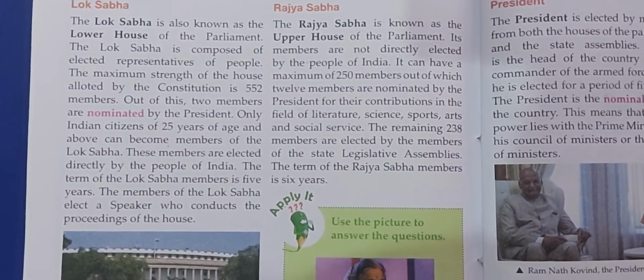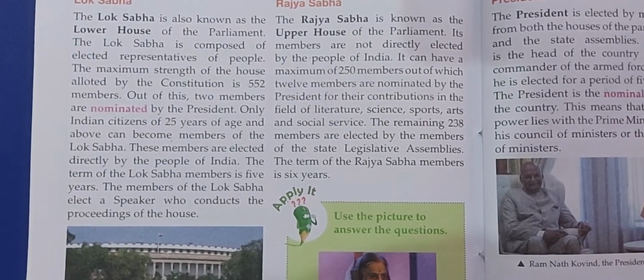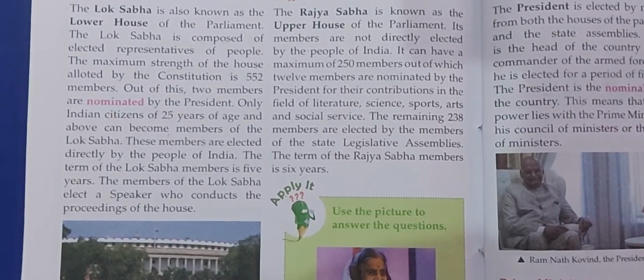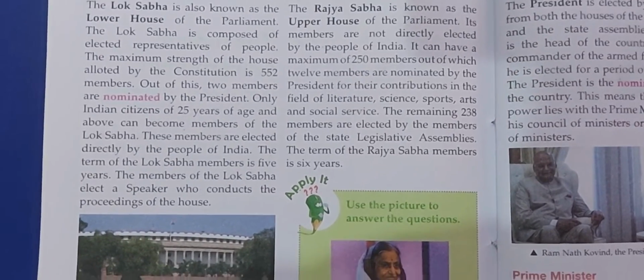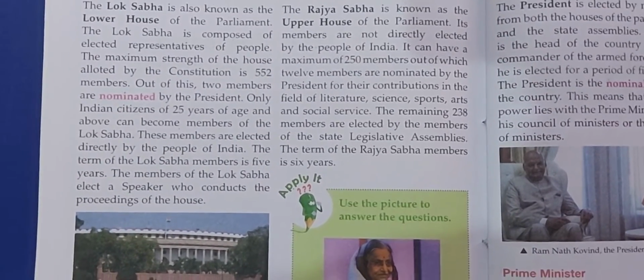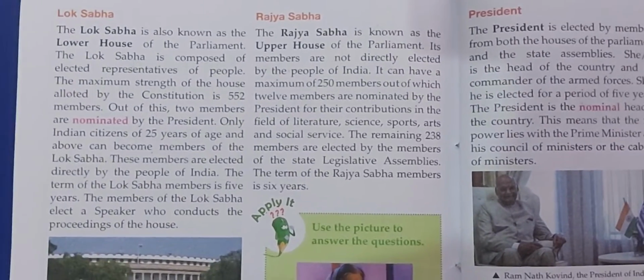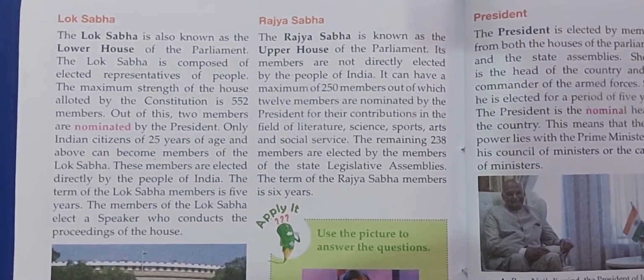A total of 552 members sit in this house, and out of this 2 are nominated by the president. The speaker is the person who conducts the proceedings and allows the representatives to give their views.